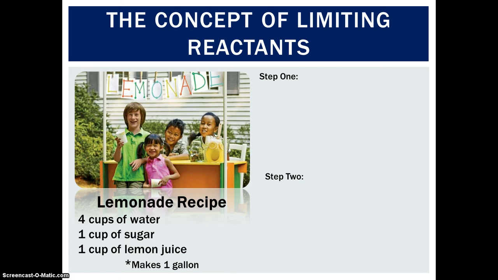We talked before about how chemical reactions are just like recipes. We talked about the stoichiometry recipe if we're making cookies, and here's another example, a lemonade recipe. Based on a recipe, we can write a balanced equation, and I'm just going to abbreviate this here.